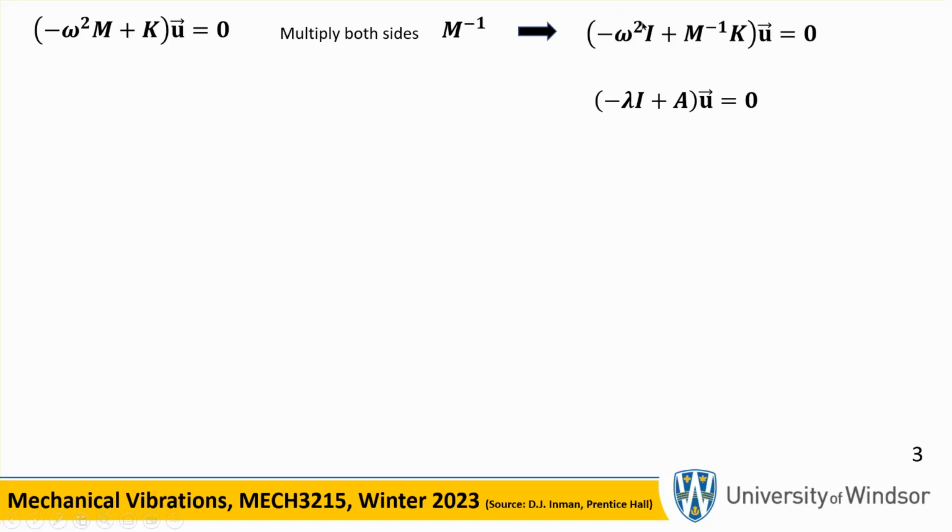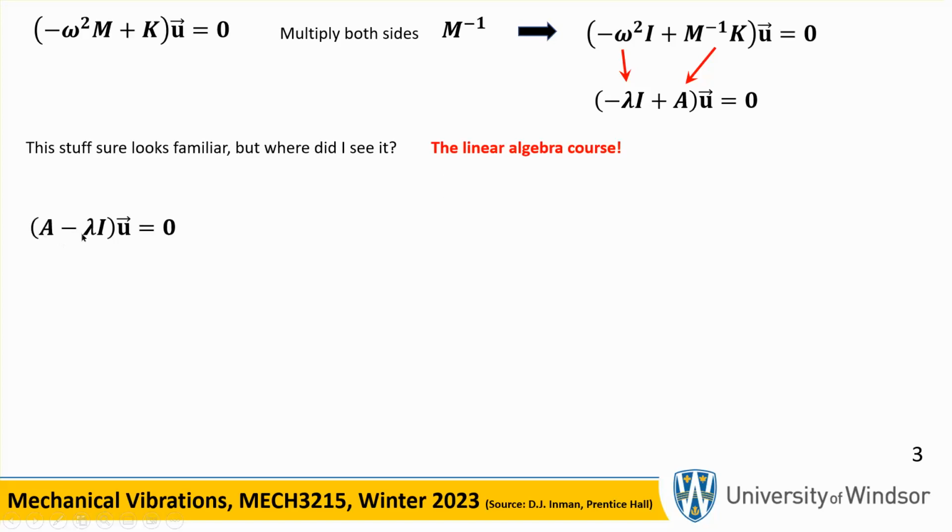It's something with a minus sign, something times I plus the matrix. Your math teacher probably wrote this as A minus lambda I instead of minus lambda I plus A. They probably juxtaposed these things so it's A minus lambda I times a vector u equal to 0. This was called an eigenvalue problem.